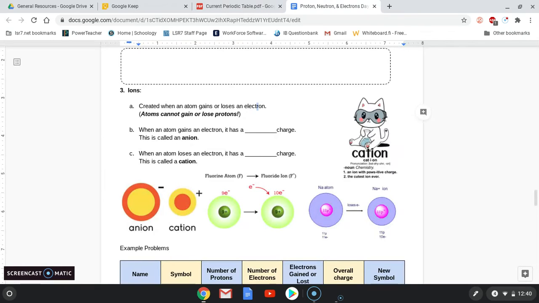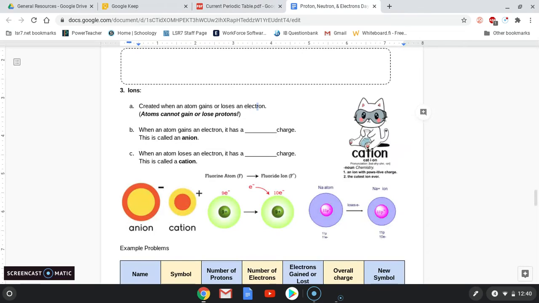But right here on B, it says when an atom gains an electron, so it's gaining a -1, it has a negative charge, and we call it an anion. So when an atom gains an electron, it has a negative charge, and we're going to call that an anion.